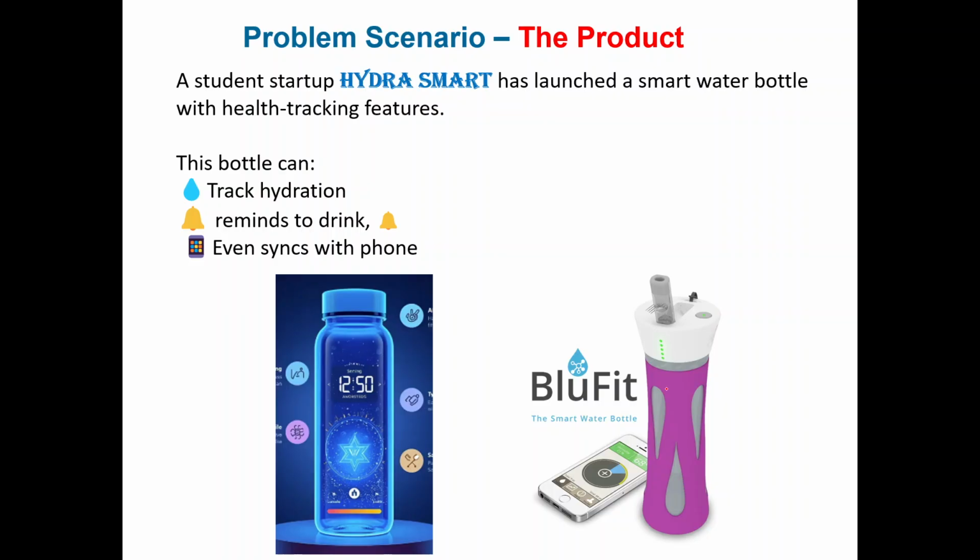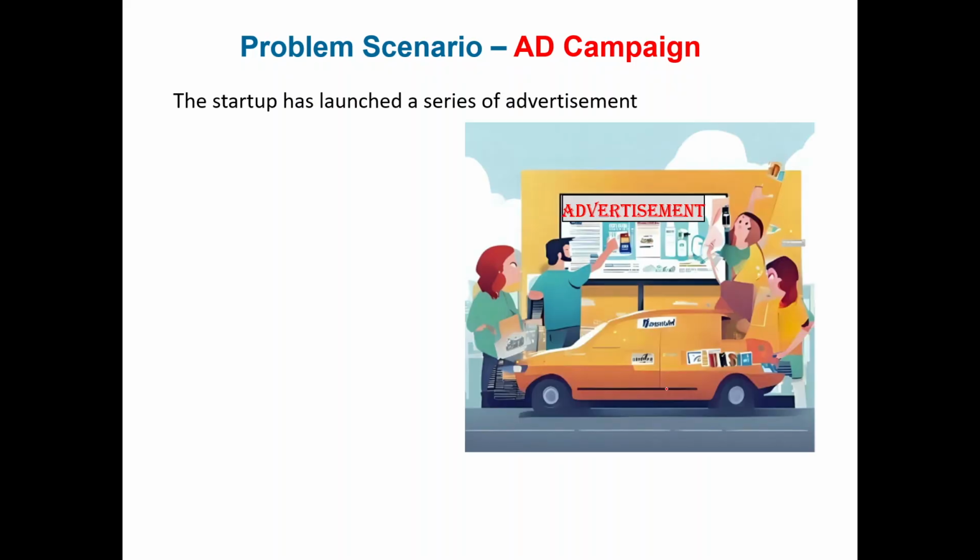So the startup company is wondering how its product will be adopted by the students. These 5,000 students are considered as the potential users of this bottle, and the company has launched an ad campaign. Historically, the company thinks that these ads will have an effectiveness of around 1%.